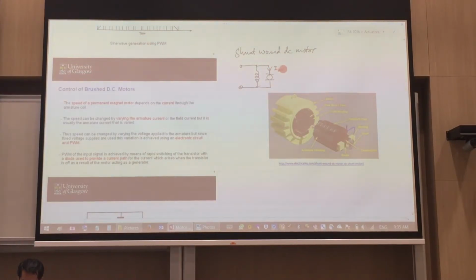This is I armature, and there's a current that's going through your field winding. That is I field. So this one is your field winding, and this one is your armature.